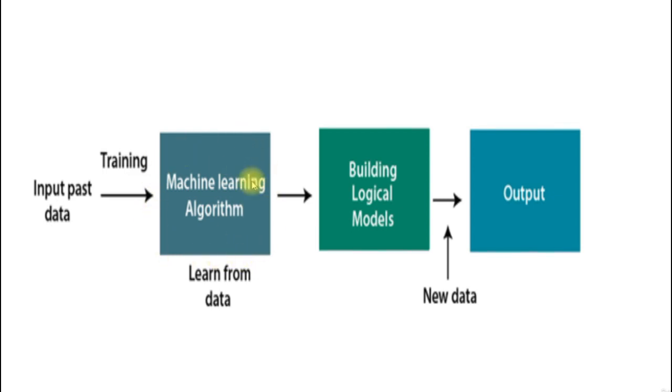The algorithm will learn and extract patterns from that data, and based on the patterns extracted and the learnings from the training data, the ML algorithm will build some logical models or patterns. Once we have a ready trained ML model, we will give new data to that model and then predict the output.